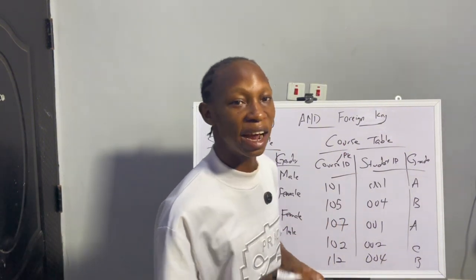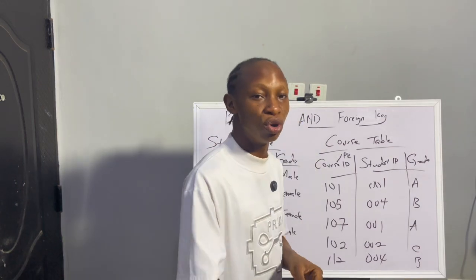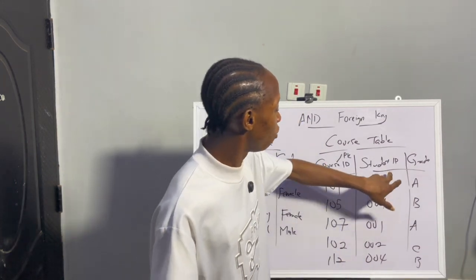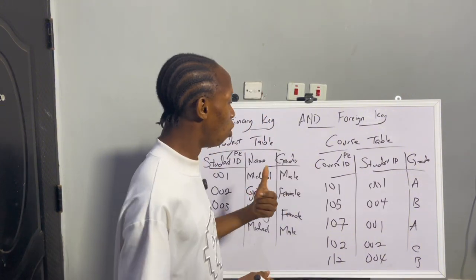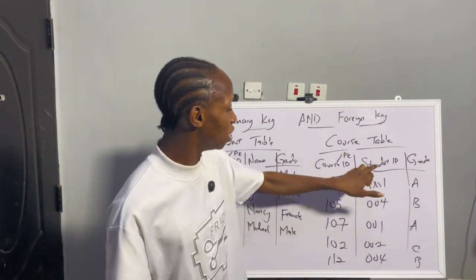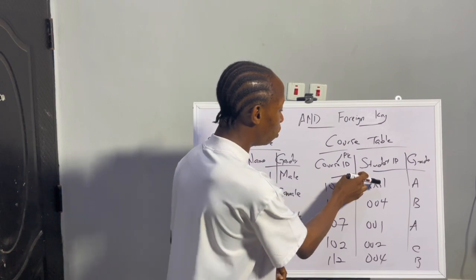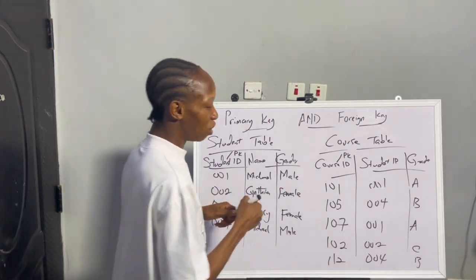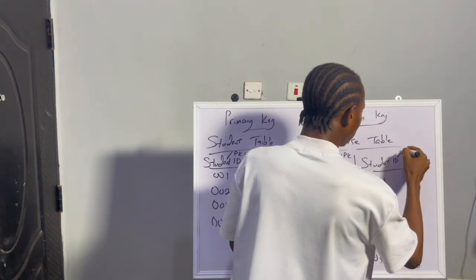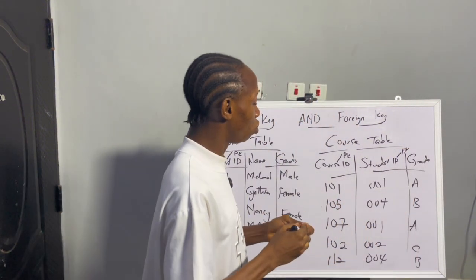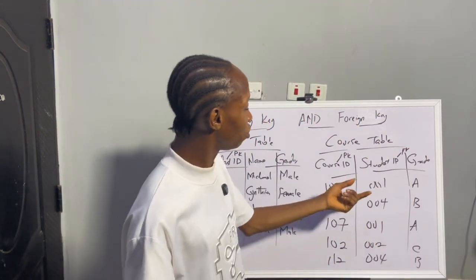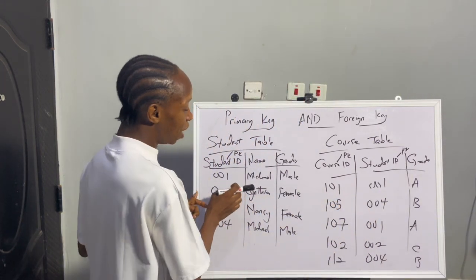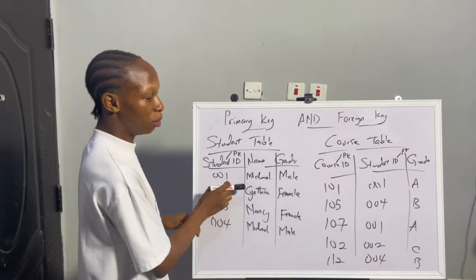But now I said earlier that a foreign key is the key that you can use to connect to a primary key in another table. So if you want to connect to the primary key in this table, which column are we going to use? It is our student ID, because that's the only column that is the same as the primary key here. So our student ID is our foreign key. What it is trying to do here is to represent each record from this table.